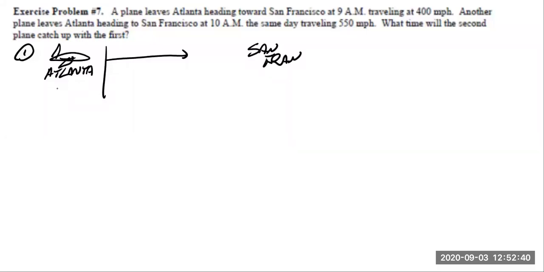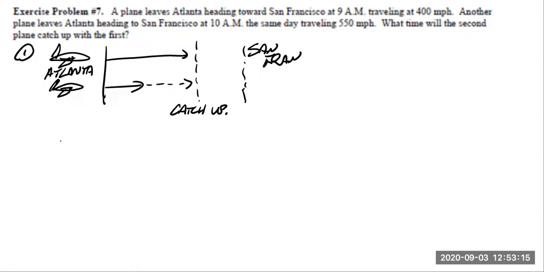And then a second plane leaves Atlanta an hour later, traveling to San Francisco, right? On the same route. So if you think about it, we want to know when they catch up. So we want to know somewhere in between. The second plane is going faster, so it's eventually going to catch up to the first.